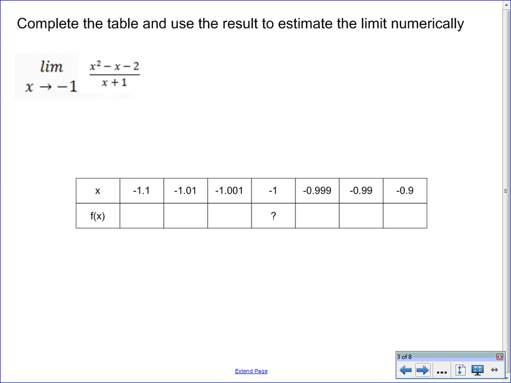These values are getting closer to our C value from the right. So pod 1, I want you to plug in -1.1. Pod 2, -1.01. Pod 3, -1.001. Pod 4, -0.999. Pod 5, -0.99. Pod 6, -0.9.